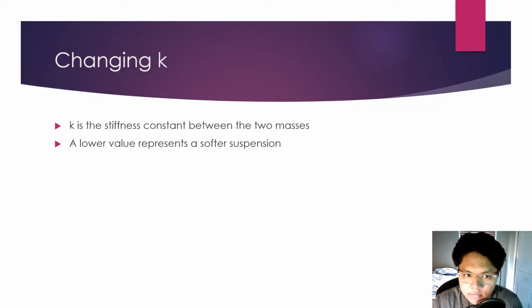And then here, for changing k, also known as the stiffness constant between the two masses, originally we had a value of 5,700 newtons per meter.